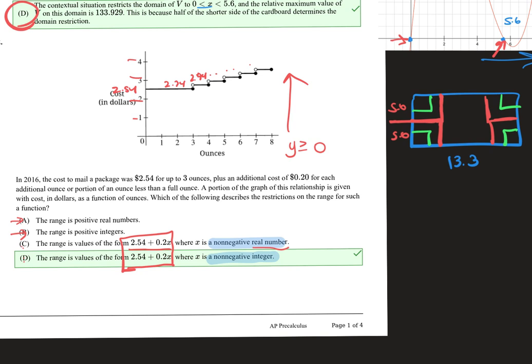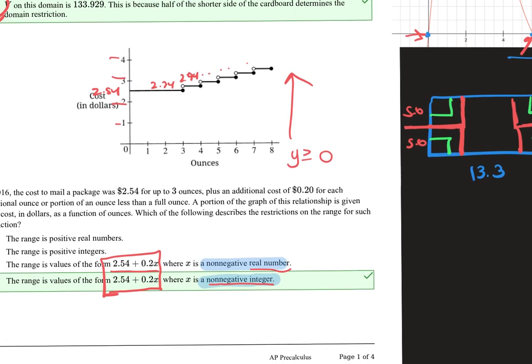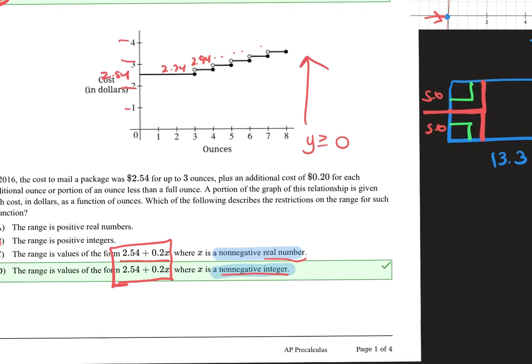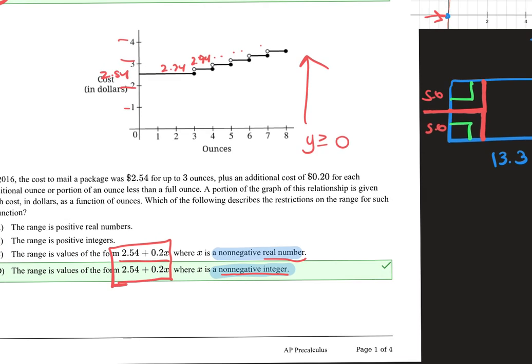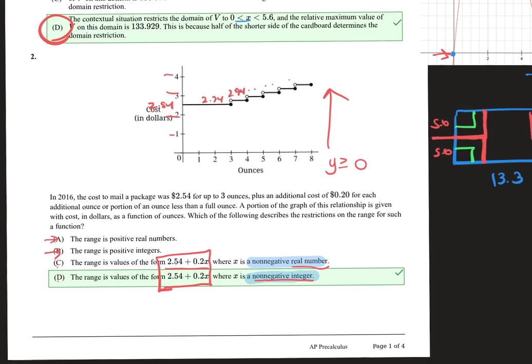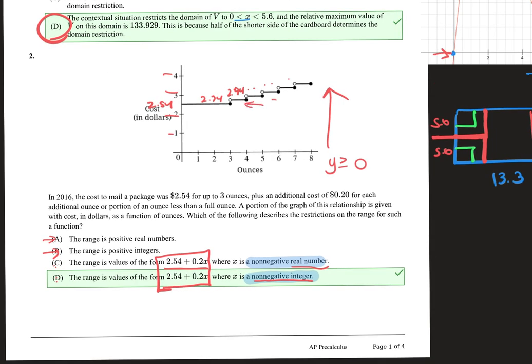So that would produce a line or a linear function, whereas this is a piecewise function, and non-negative integers means it's going up in increments, which is what is true. These are increasing by just integers, not in fractions themselves. So it's increasing in gaps each time, which is why D is the correct answer.